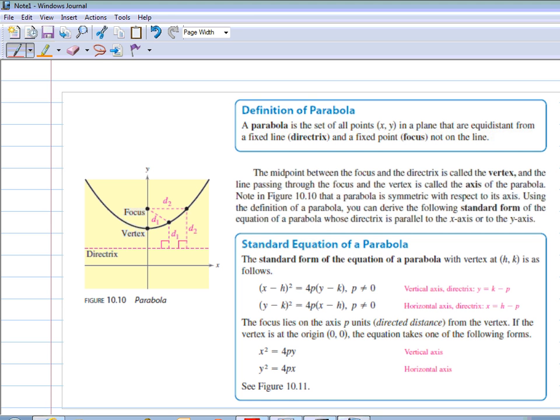So if our p value is negative, then depending on vertical or horizontal, it would either go down or left: for vertical it goes down and horizontal goes left. If the vertex is at the origin, then we have two equations, x squared equals 4py and y squared equals 4px, if the vertex is the origin.